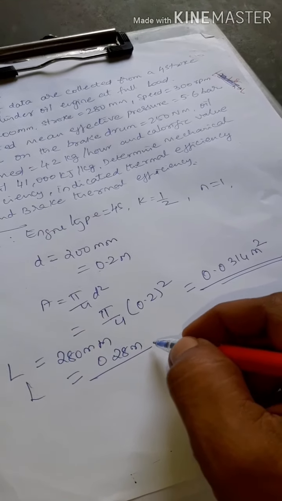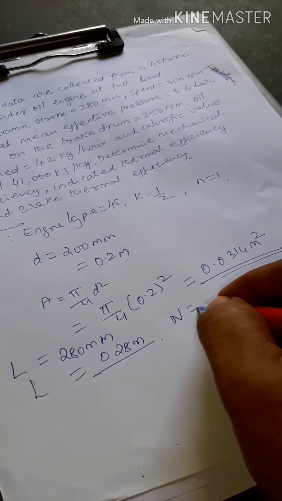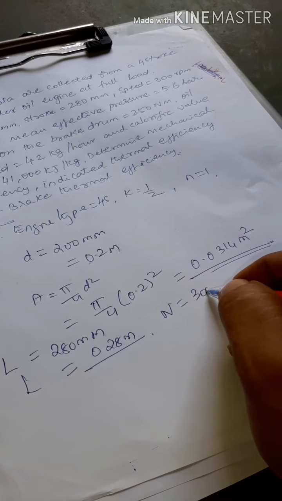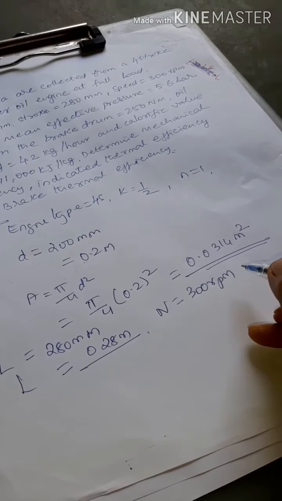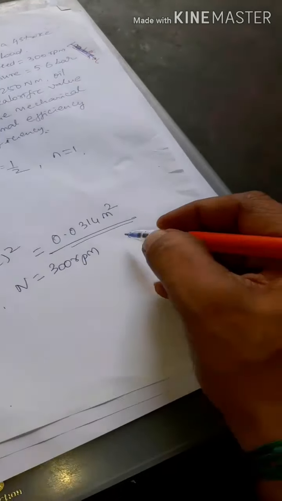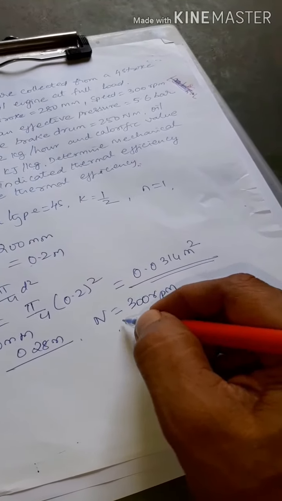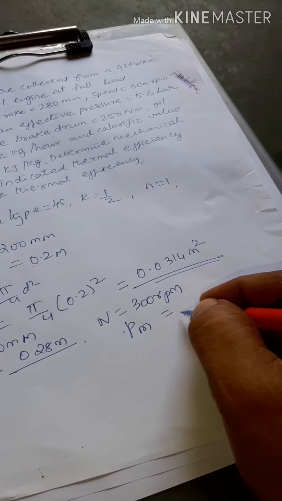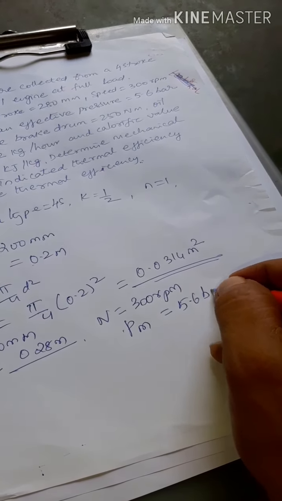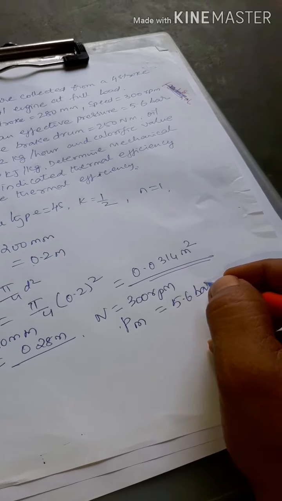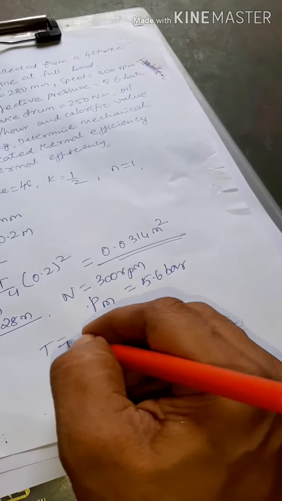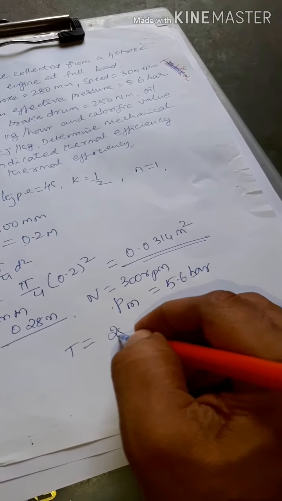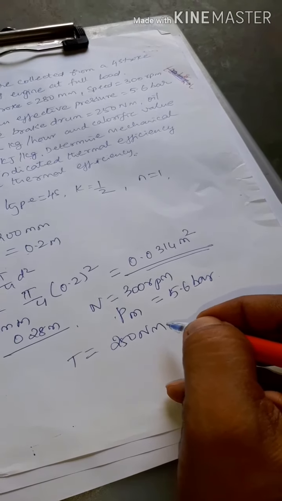Next, speed is given, 300 rpm. Next, mean effective pressure is given. PM is equal to 5.6 bar. So torque directly is given here. Torque is equal to 250 Newton meter.